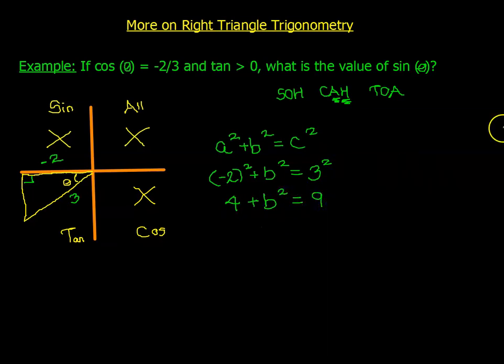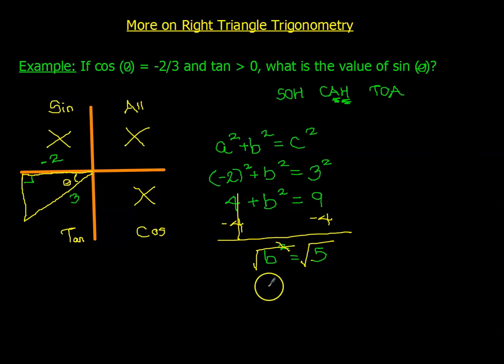We're going to subtract 4 on both sides. And I will get b squared equals 5. To get rid of the square, I'm going to square root both sides. Sorry about that. I didn't mean to write over the square, but they do get rid of each other.